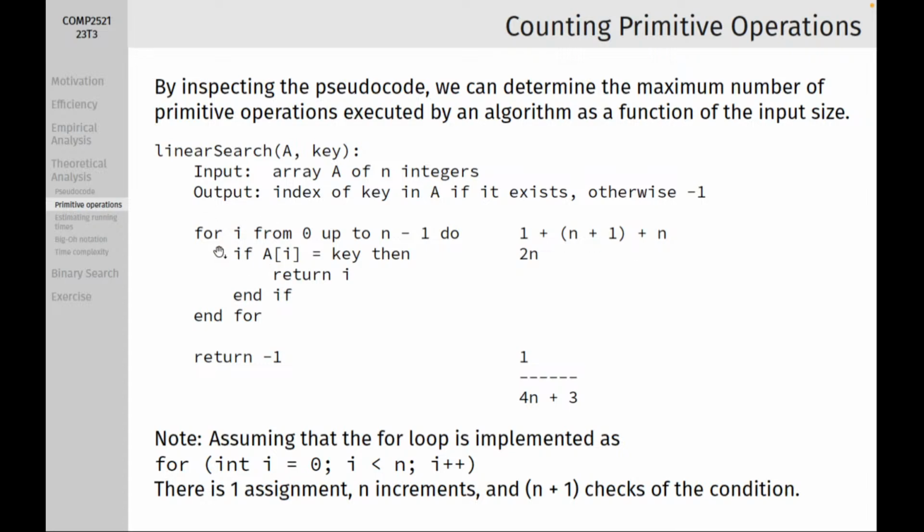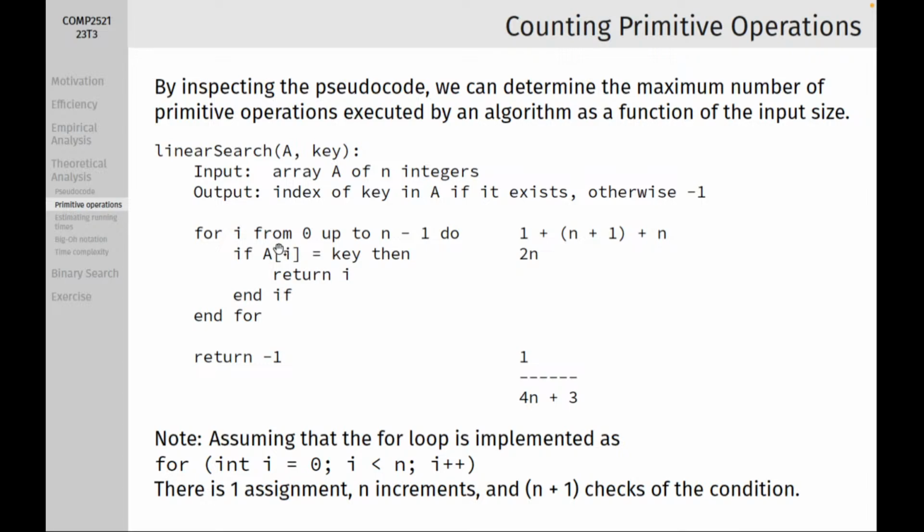Now we have the if statement. Remember, we're considering the worst case here, so this is the case where the element we're searching for is not in the array, and we have to go all the way up to the end. How many times is this if statement going to run? It's going to run n times, because we're iterating through n elements.